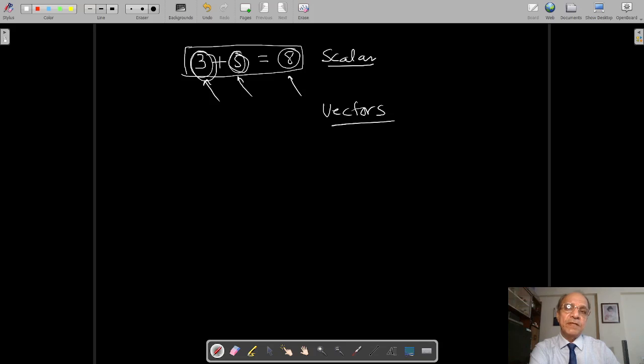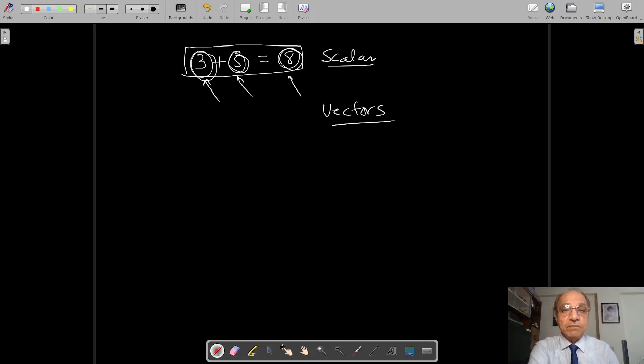Irrespective of the direction, if we add 3 and 5, the result would always be 8. But if it is a vector, then 3 plus 5 will not always be 8. It could be 8, it could be 2, it could be minus 2, it could be anything between minus 2 and 8. It will depend on the direction in which 3 or 5 is.